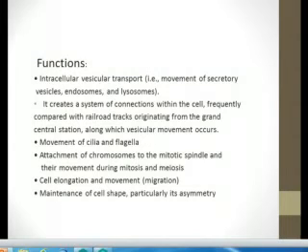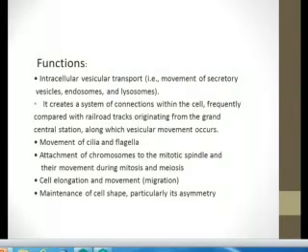Now, what are their functions? They are basically involved in intracellular vesicular transport and intracellular organelle transport. They are making a railway track within the cell, so that upon this railway track the vesicles and the organelles move along via the attachment of proteins.